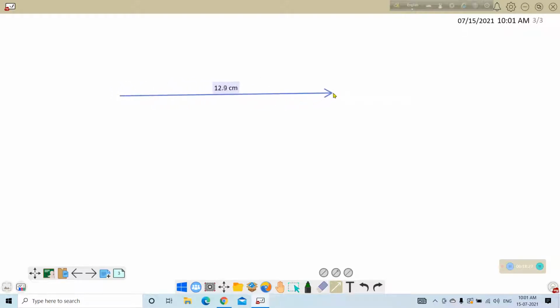Suppose this is the principal axis and this is the mirror like this, and this surface is silvered. Remember, this is the pole of the mirror. This is the principal axis, x-axis. Okay, and this space is reserved for the object.